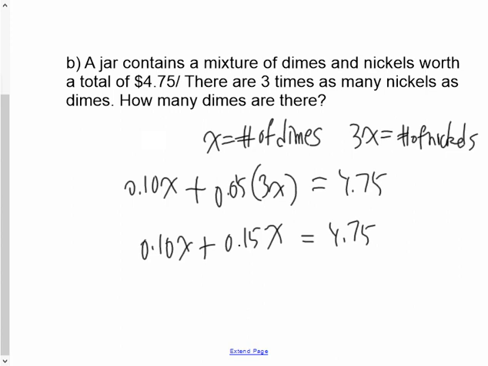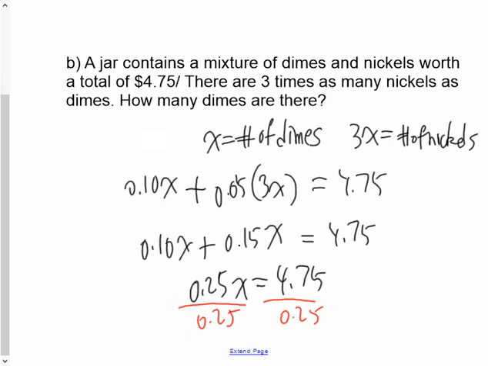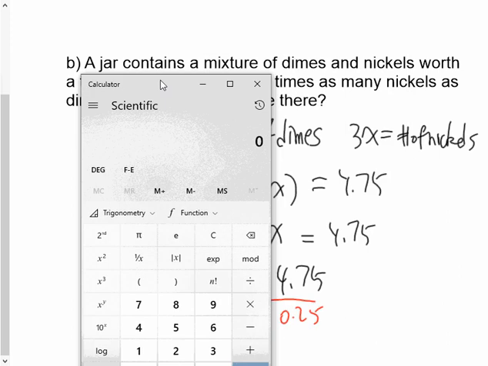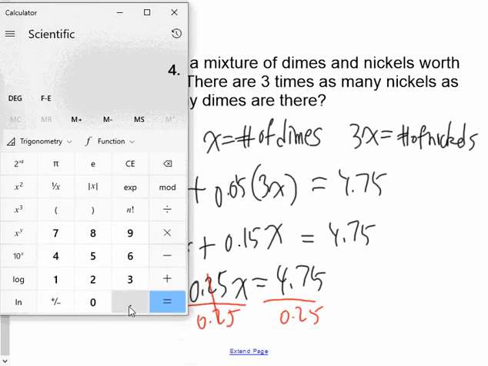Combine like terms. I get this. Divide both sides by your coefficient. Take your calculator. $4.75 divided by 0.25 is 19.